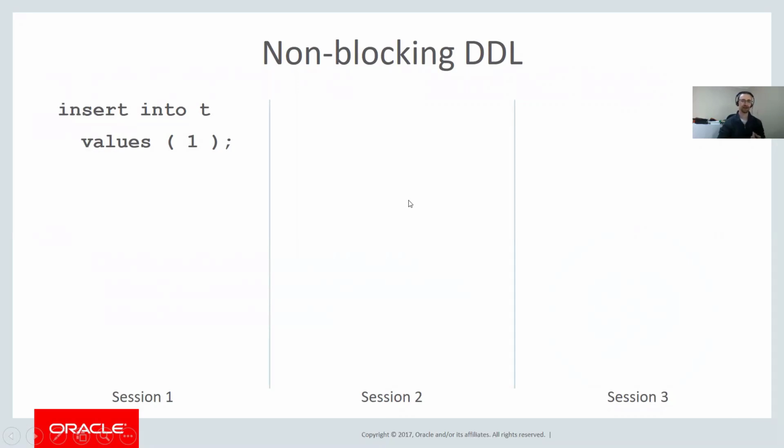Regardless of whether you're running blocking or non-blocking DDL, this will stop you running any DDL against that table. So if we try and run an alter table here, this uncommitted transaction in session 1 blocks our alter table in session 2. So this cannot complete until session 1 completes.